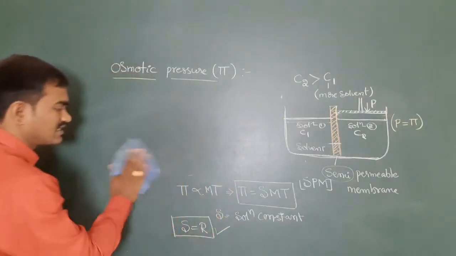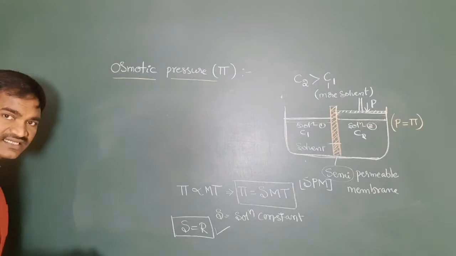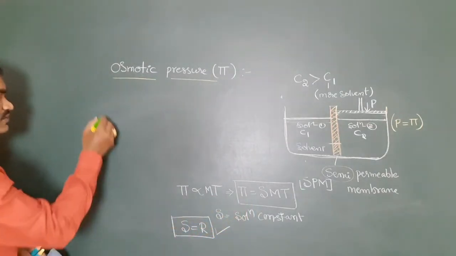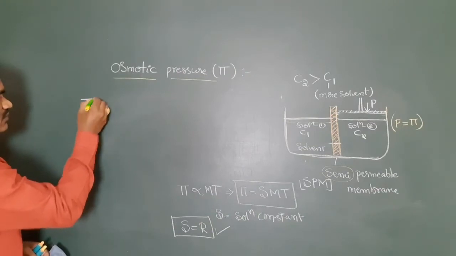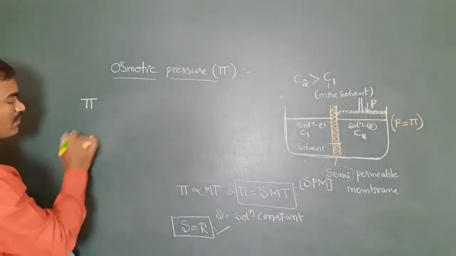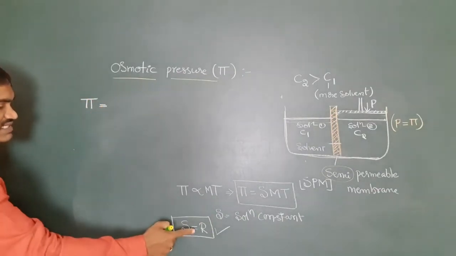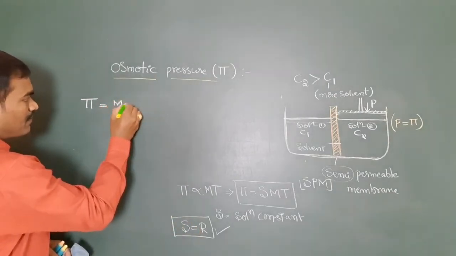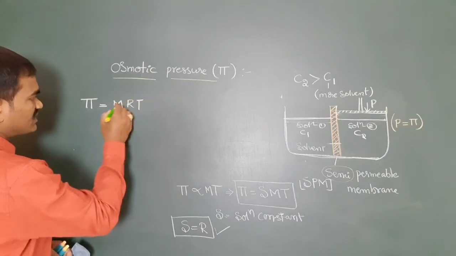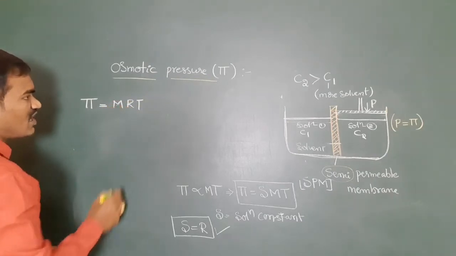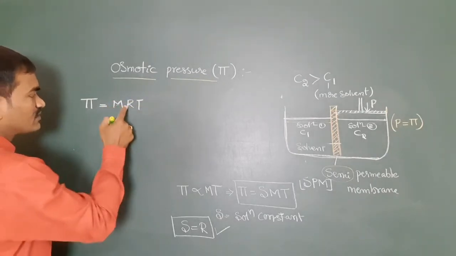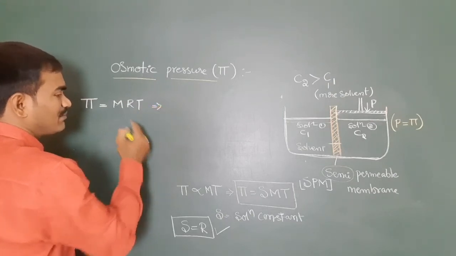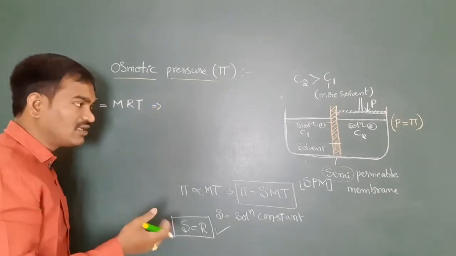For the next step, you can substitute R. So here what we are going to do is pi is equal to MRT, where M is the concentration in terms of molarity. Now what can we write for M? M is equal to number of moles per volume.